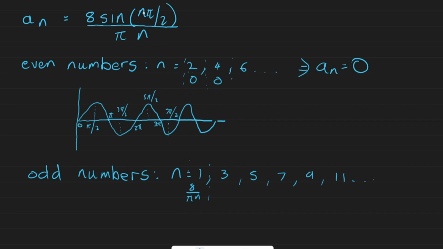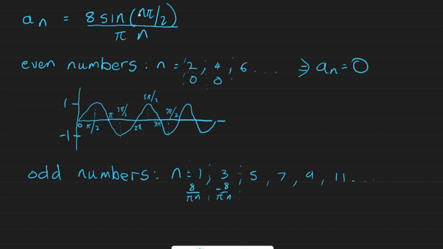And let's just say we substitute 3. So we have sine 3 pi over 2. Sine of 3 pi over 2 is minus 1. So we're going to have minus 8 over pi n.